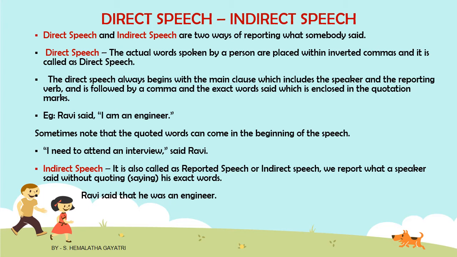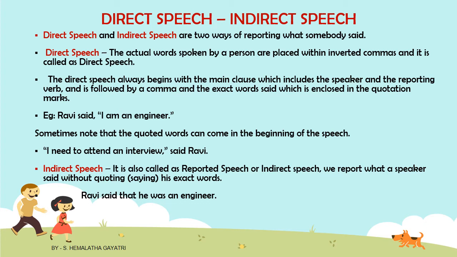The same example: Ravi said, "I am an engineer." We are changing that into indirect speech. So "Ravi said" will be the same in both places. After removing the comma, we are placing a connector, that. So "I am an engineer": it is Ravi who is an engineer. So I am saying that he was an engineer.